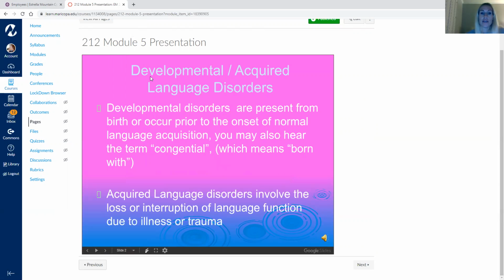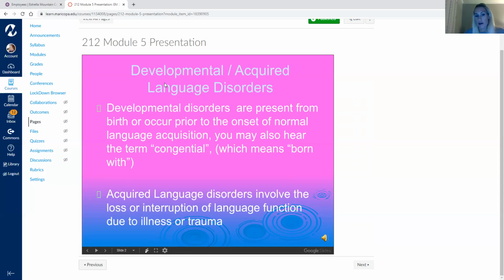So we look at developmental versus acquired. Just a quick review. Developmental disorders are present from birth, meaning they're delayed in some way. Do they have, say, autism?